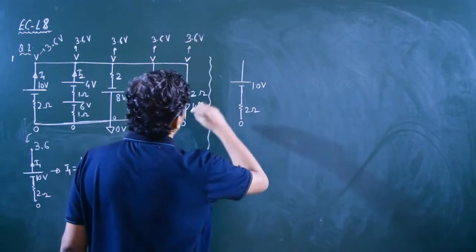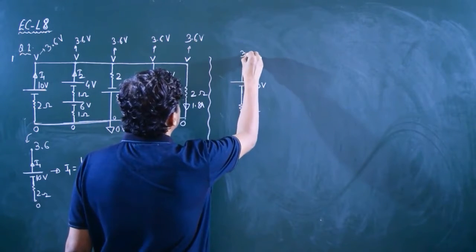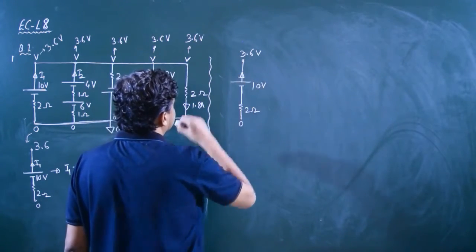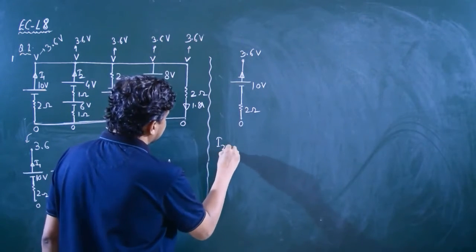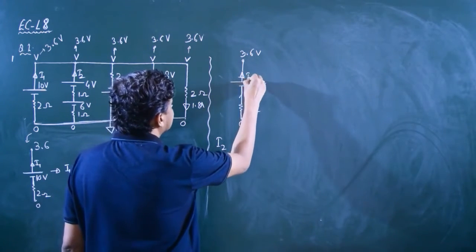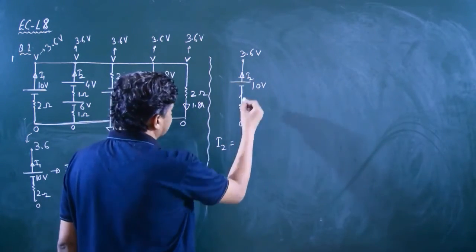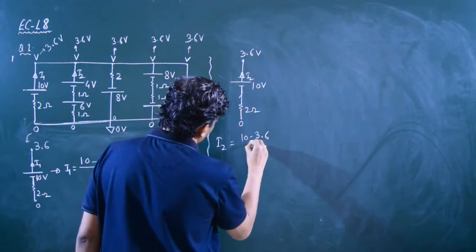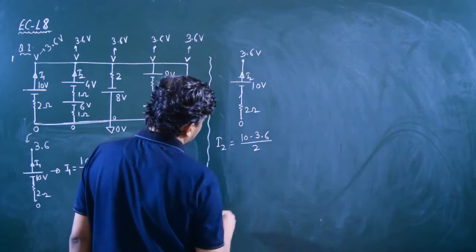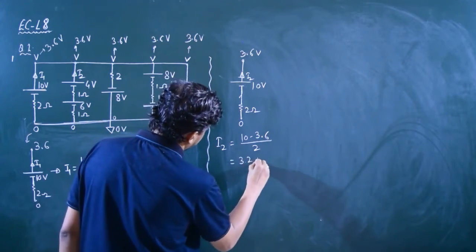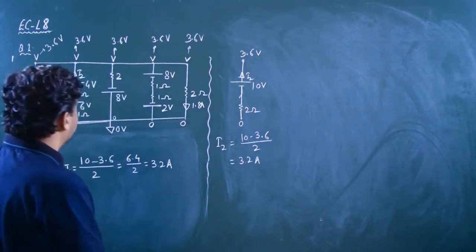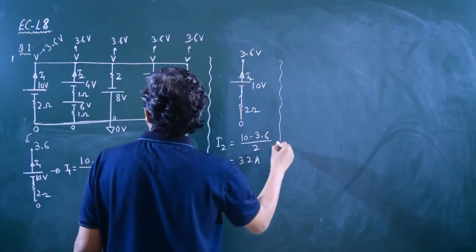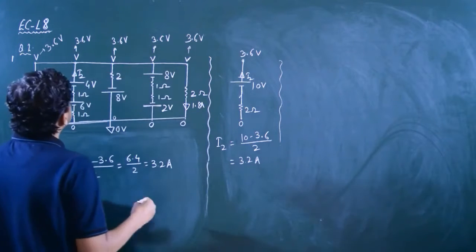Again potential is 0, and here potential is 3.6 volt. So this one is also in the discharging process. So across this arm current is I2. I2 is again, in discharging, E minus V, that is 10 minus 3.6 divided by 2. What do you get again? 3.2 ampere.